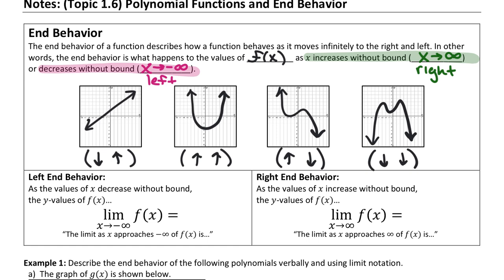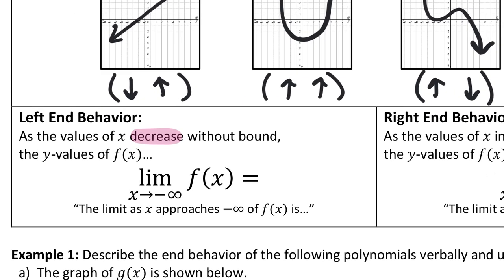So when I'm talking about the left side end behavior, which is where the values of x decrease without bound, we're writing a statement that talks about the outputs. The way you say this is you say the limit as x approaches negative infinity of f of x is, and then you give me some number.